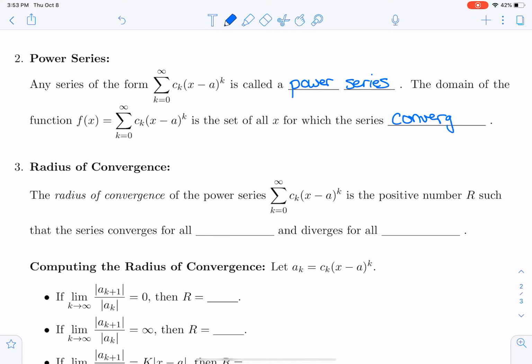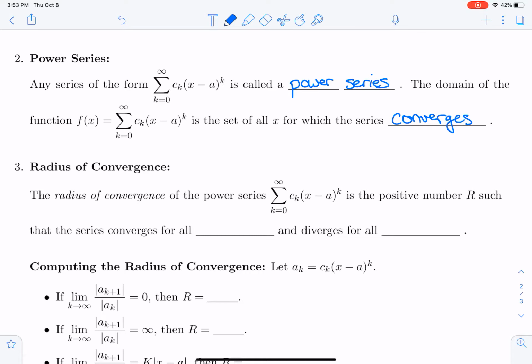Now, we just saw in our previous example that there is a set of x for which the series converges, and that's going to be the domain of our function. Remember that a domain is the set of allowable inputs to our function f of x, and in this case, the domain is the set of all x's for which we get a convergent series, which then would give us a value for f of x.